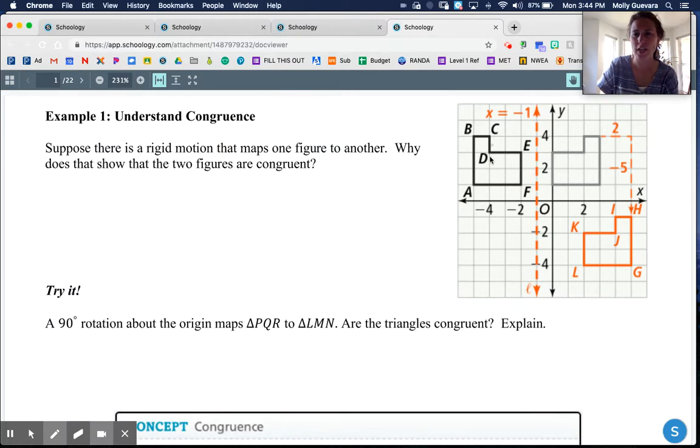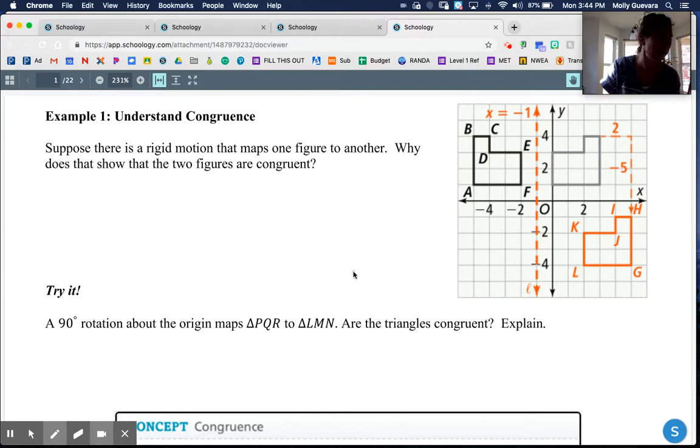So here I have reflected this shape over here, and then I've translated this shape down here. Why does that show that the two figures are congruent? So why does that show that ABCDEF is congruent to GHIJKL?